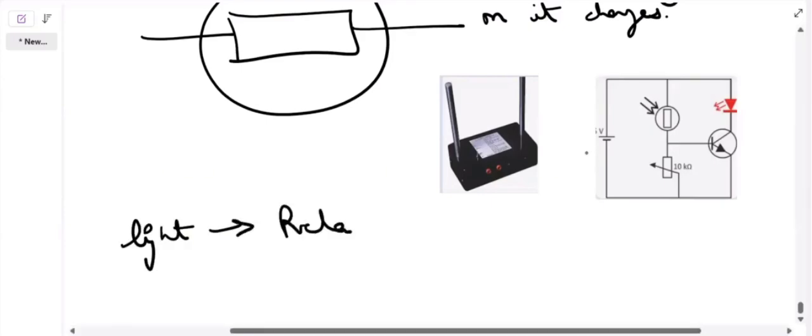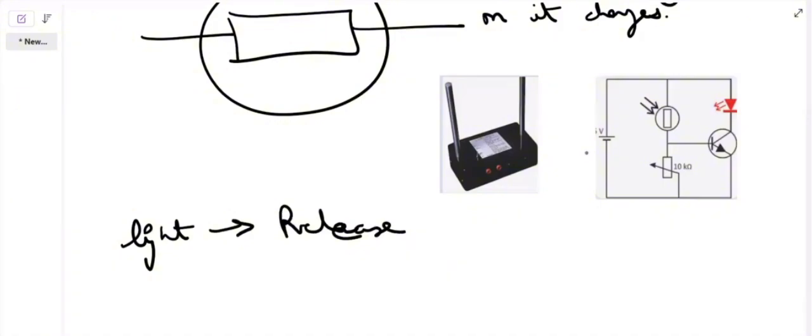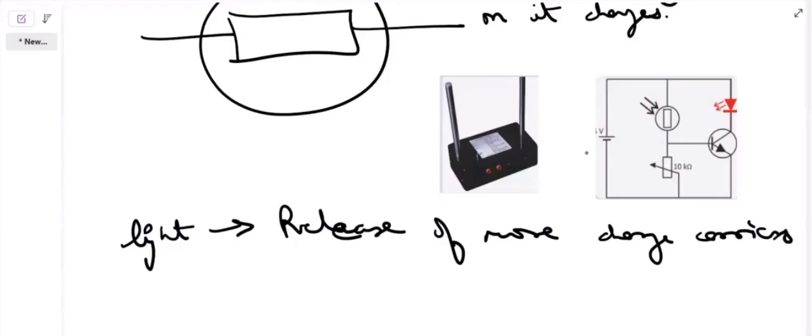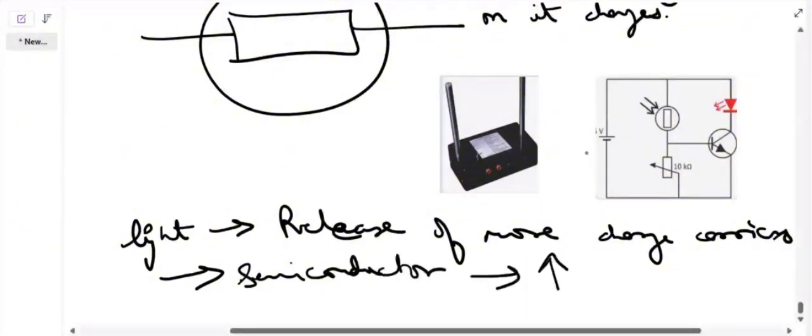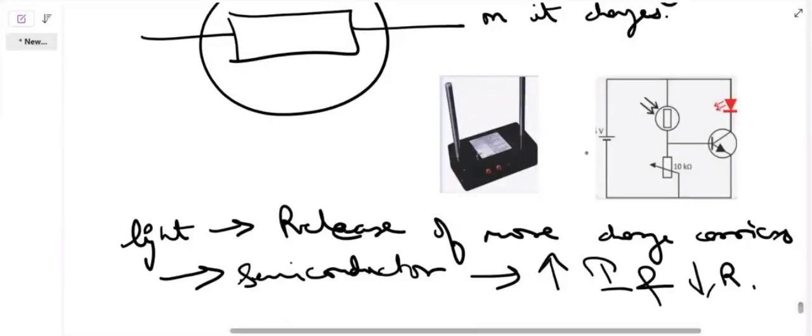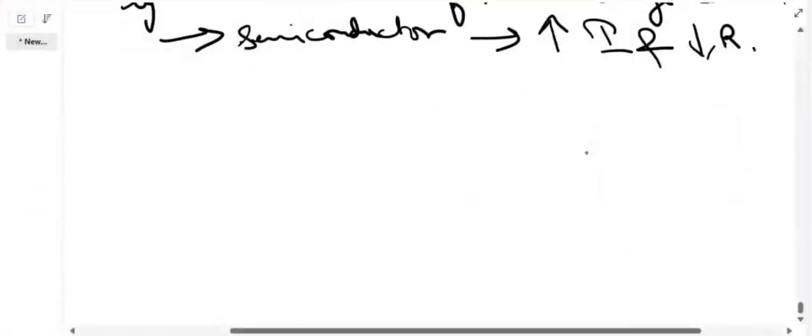It releases more charge carriers in the semiconductor, which results in higher current and lower resistance. Done. Now after this, we are having the topic that is thermistor.